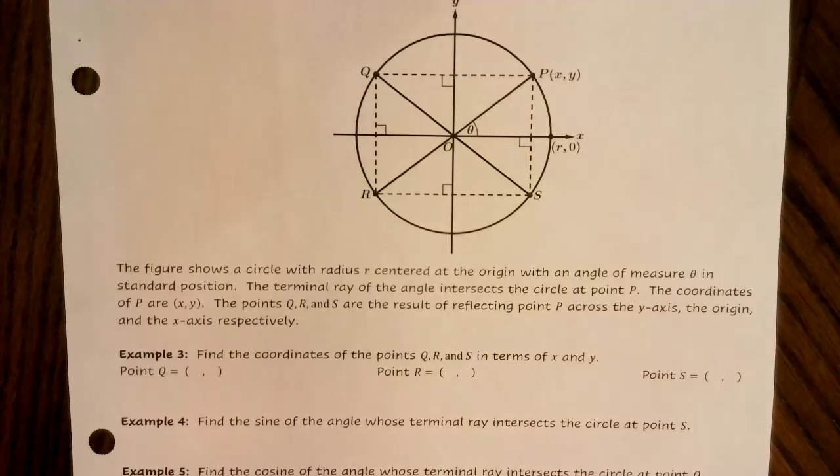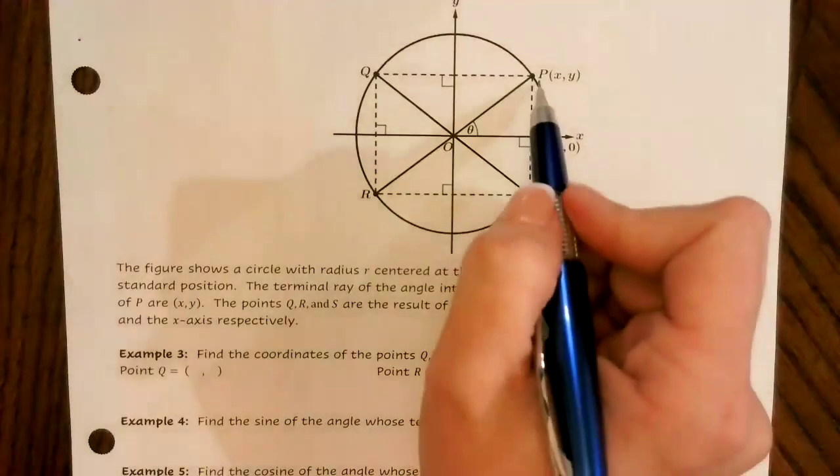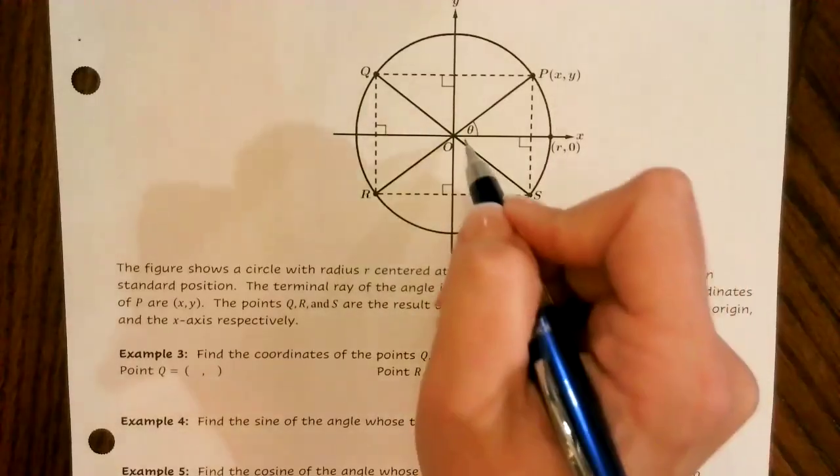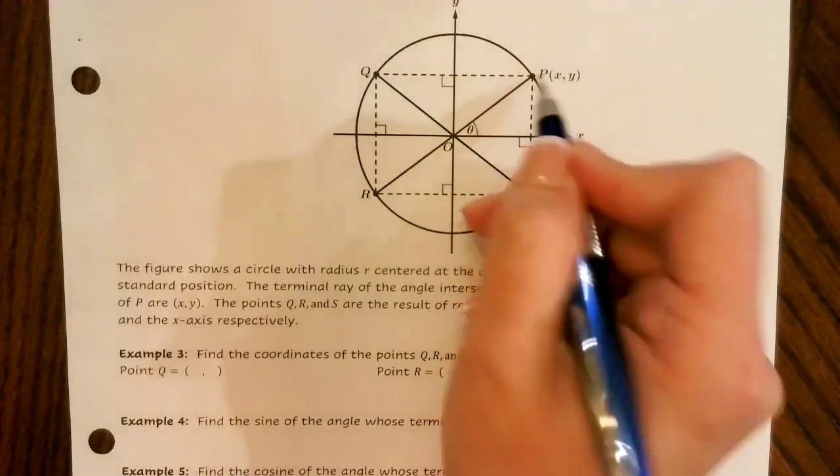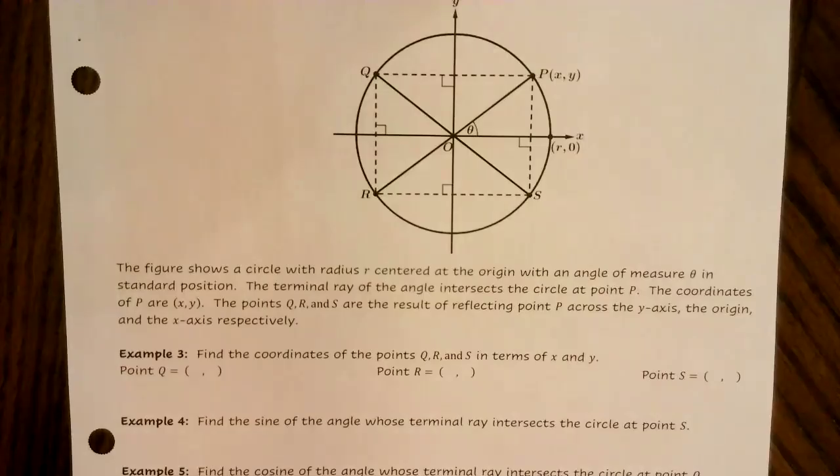The points Q, R, and S are the result of reflecting point P across the y-axis, the origin, and the x-axis respectively. Find the coordinates of the points Q, R, S in terms of x and y. So since they are reflections, these are all points on the circle. So we know the radius from the center to any point is just r.